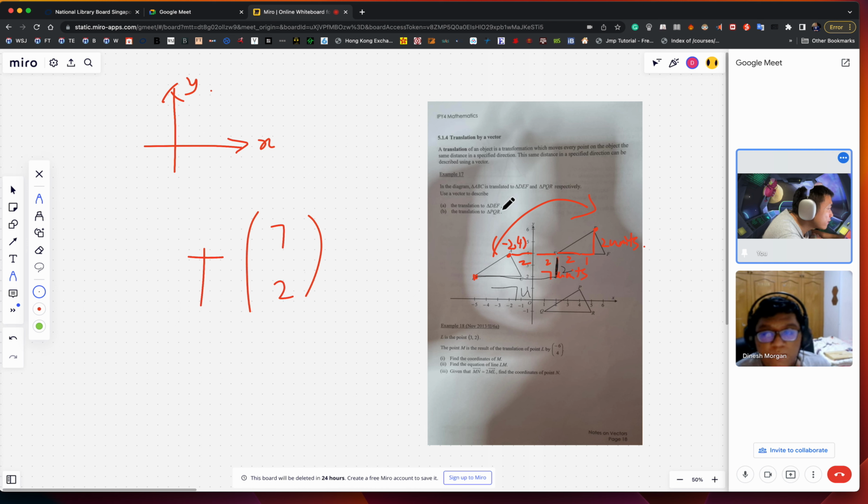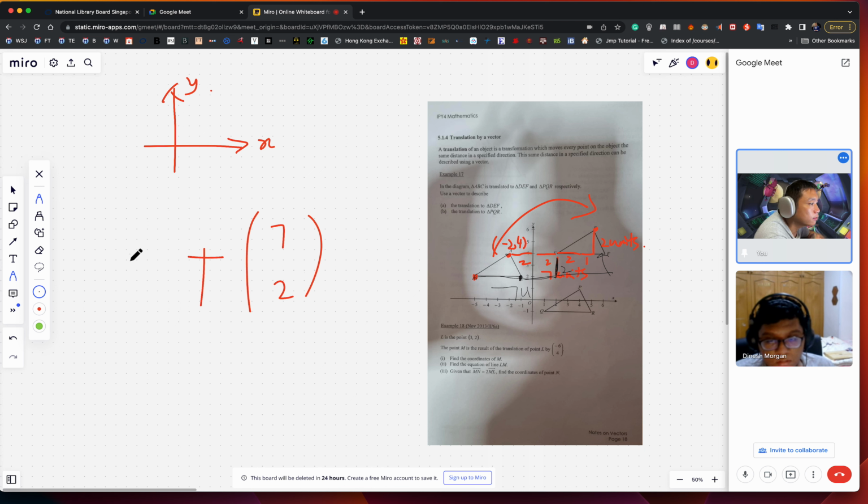That's why we use a vector to describe it. I have kind of forgotten how to describe it and I need an example. But the gist of this is, each of the points moves to the right by 7 units and goes up 2 units.